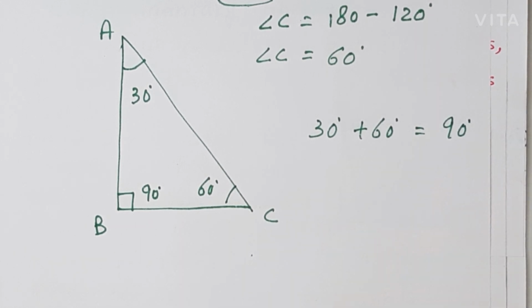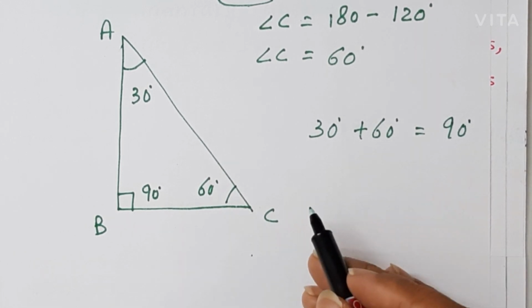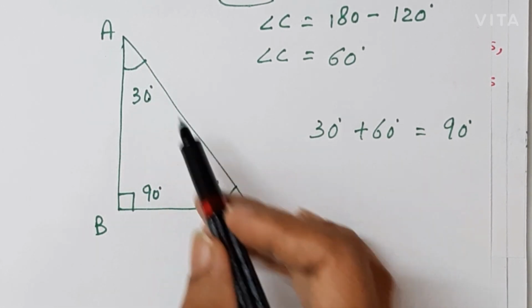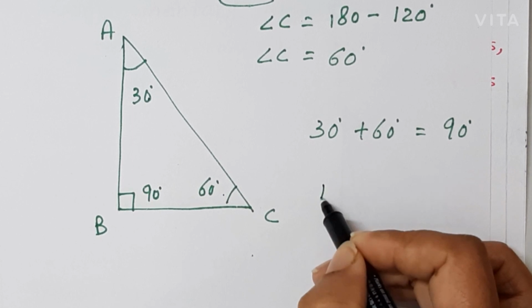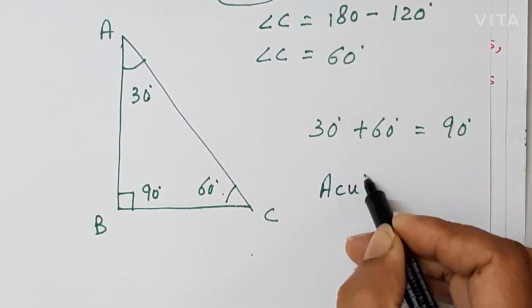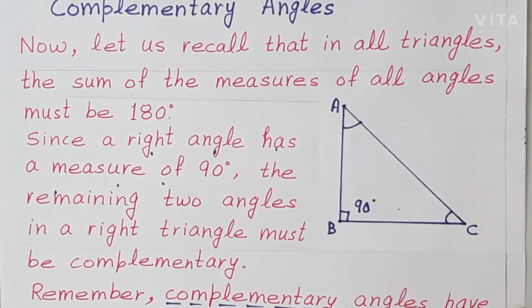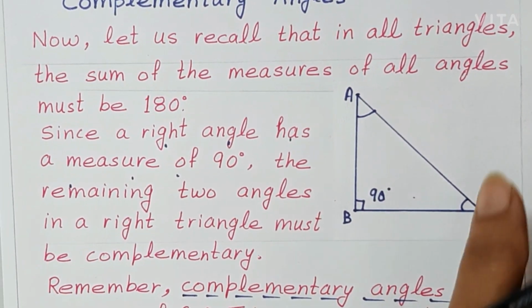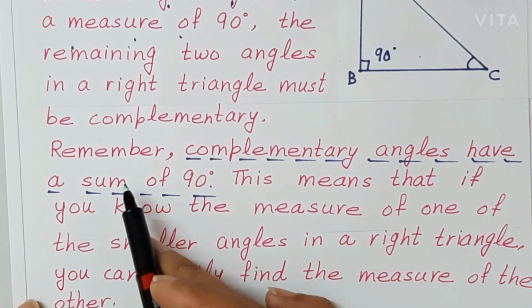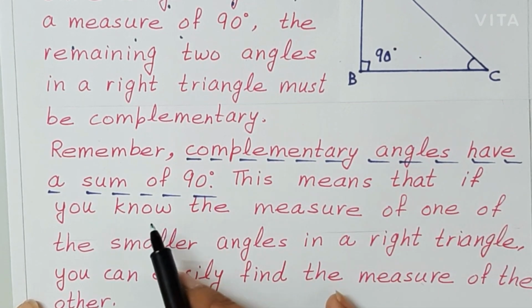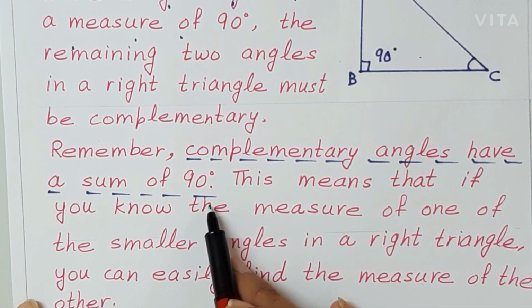And students, remember one more important point here. If it is a right angle triangle, the remaining two angles are always acute. You know what an acute angle is? That is less than 90 degrees. Clear? So remember, complementary angles have a sum of 90 degrees.